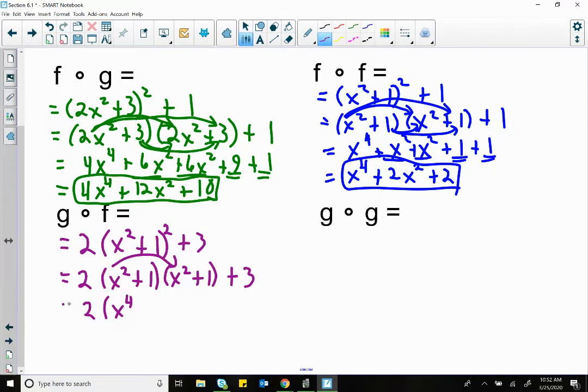That 2 is still in front, and there's a parenthesis there because we have to distribute it through when we're done. X squared times 1 is x squared. 1 times x squared is x squared. Another positive x squared. 1 times 1 is 1. And then a plus 3 on the end.